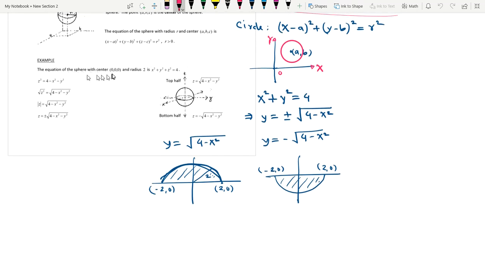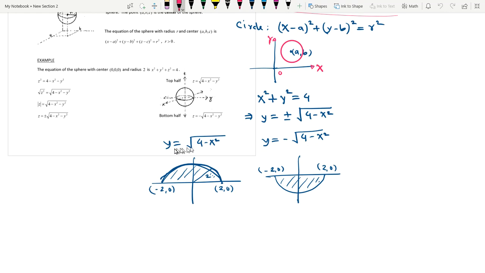Now, let's consider the equation of a circle, center at (0, 0) with radius 2. So here we can rewrite y as plus minus square root of 4 minus x square. Now, if you consider the plus sign, then you will get this equation, and if you consider the minus sign, then you will get this equation.